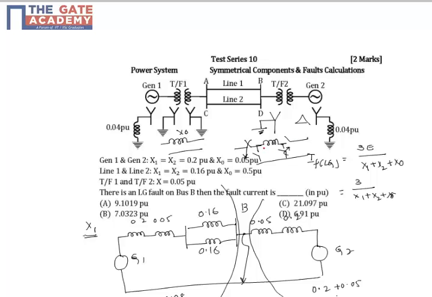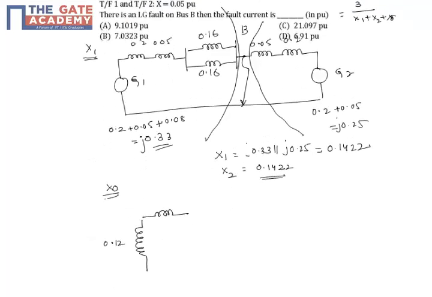So finally I can represent this whole value like this. And here it is open. So this is how I will represent the zero sequence reactance. And here it is normal, directly. Now I am going to represent these in the single line diagram. Here the generator reactance, and here the transformer zero sequence reactance.